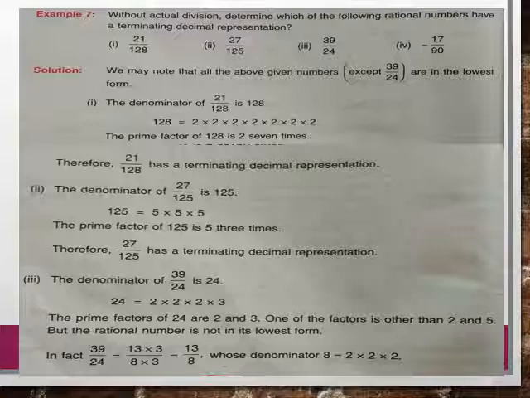So we can divide it by 3 and 3, and it becomes 13 upon 8. The denominator is now 8, which is 2 into 2 into 2. So the denominator again contains only 2 as a factor, and therefore the decimal representation is terminating type.